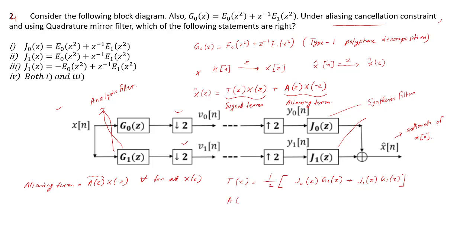Where the A(z) is a slightly modified version of this, flipped version to be specific, which is J0(z) G0(-z) plus J1(z) G1(-z).